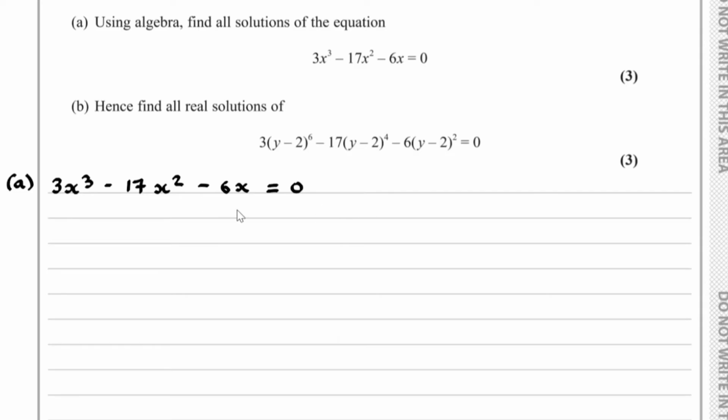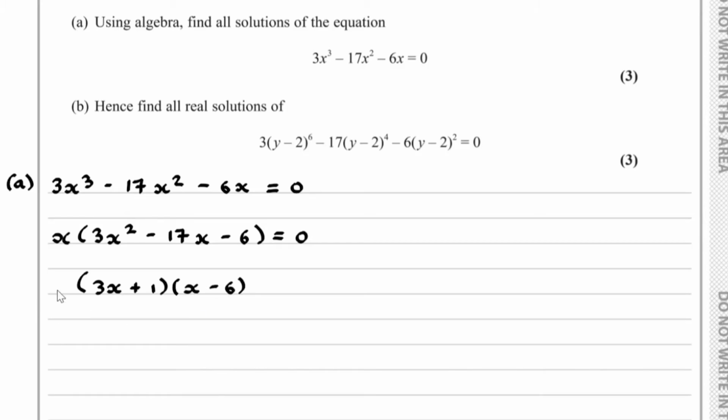The first thing we will do is factorize out an x from each term. So we have x lots of 3x squared minus 17x minus 6 equals 0. And if we attempt to factorize the quadratic, we have 3x plus 1 multiplied by x minus 6. And then of course we multiply this by x.